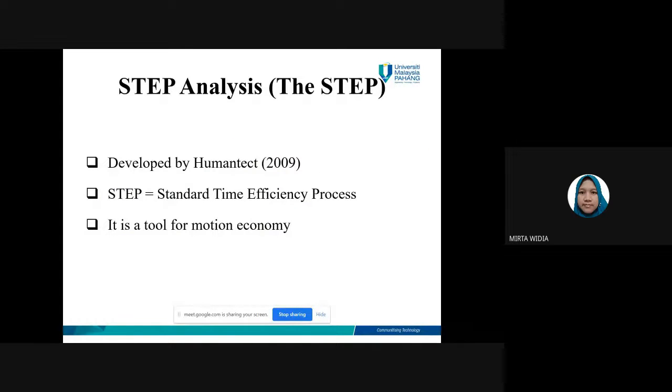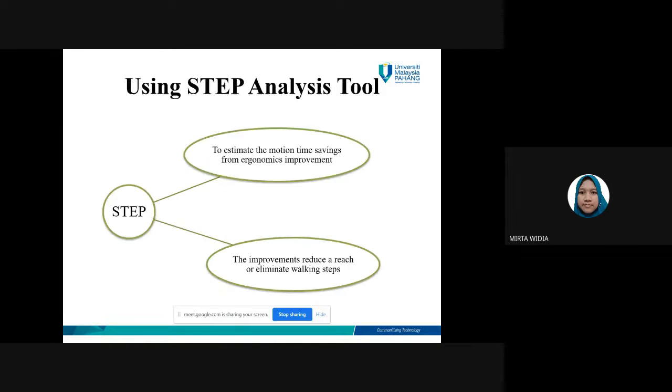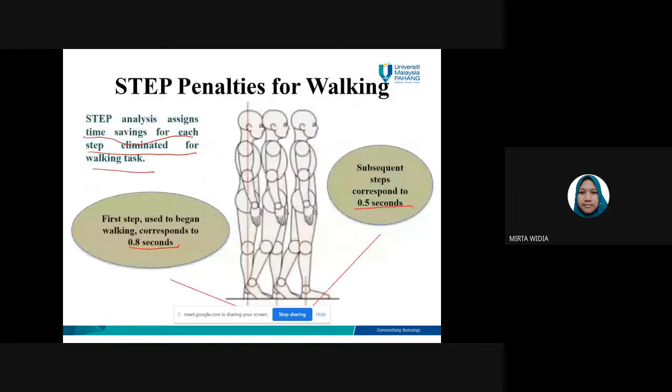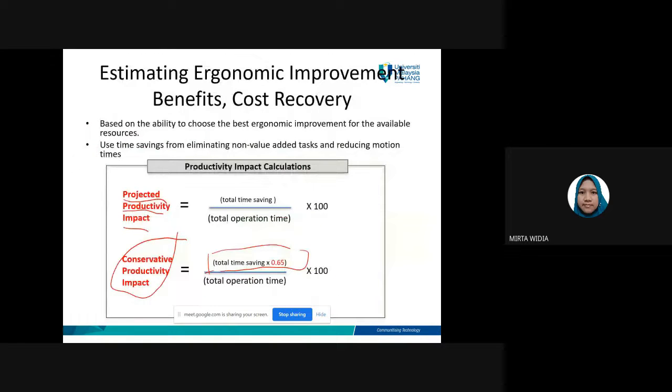Before they developed this step analysis, they already did the research and the calculation. So the 0.65 is the result of their research. All this formula, and where the 0.65 comes from, is after they did the research.